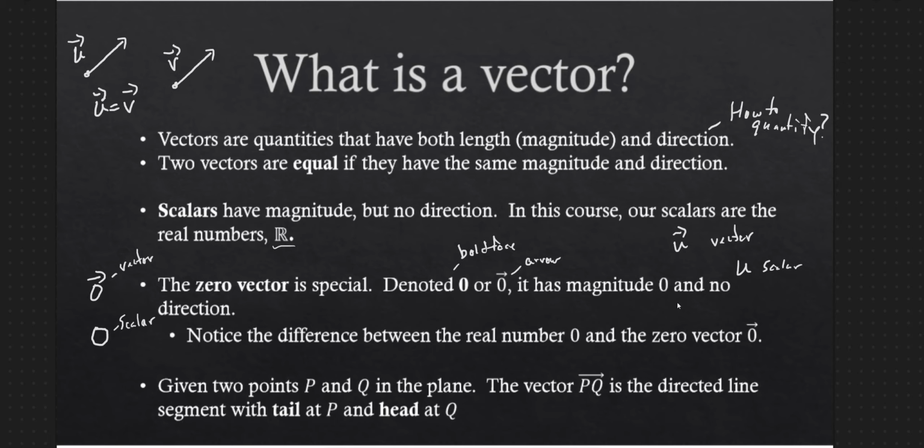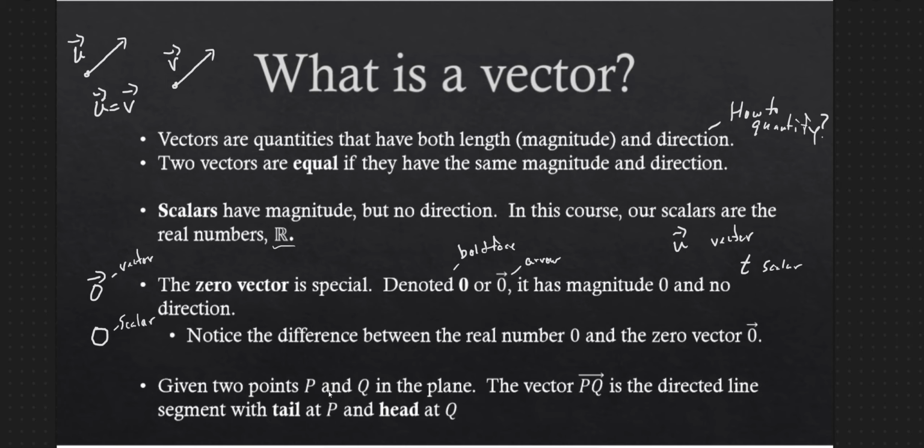I'm just trying to point out that if there is confusion, look for either an arrow or a boldface. If it's neither arrowed nor boldface, then it must be a scalar. Typically, we'll use things like t, so maybe I'll change this to a t. Something like t is a scalar.